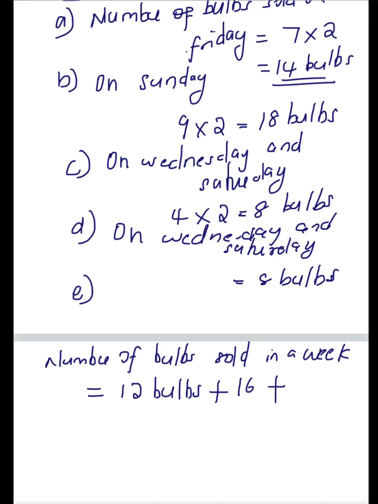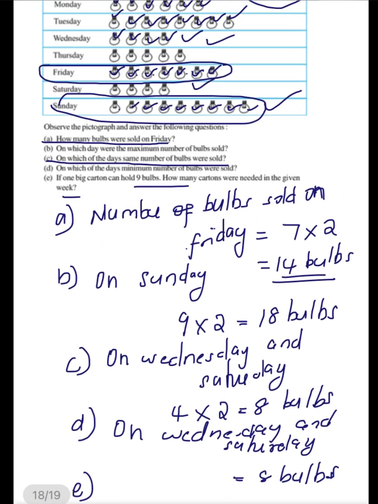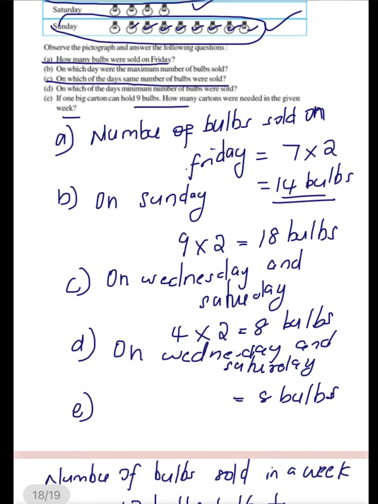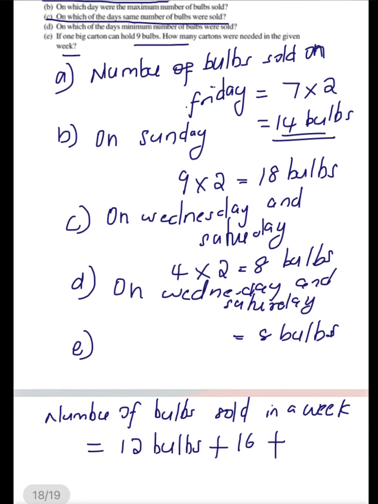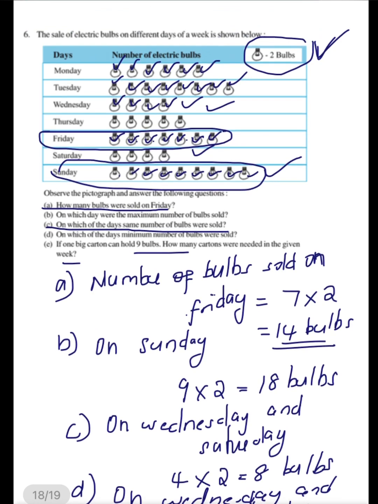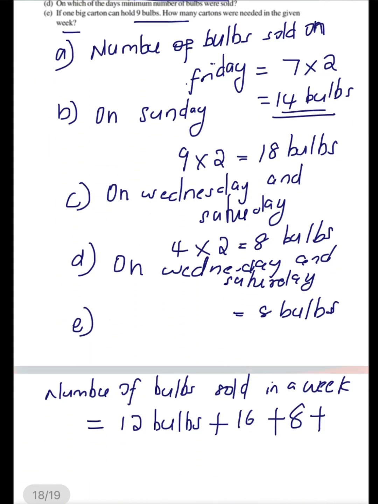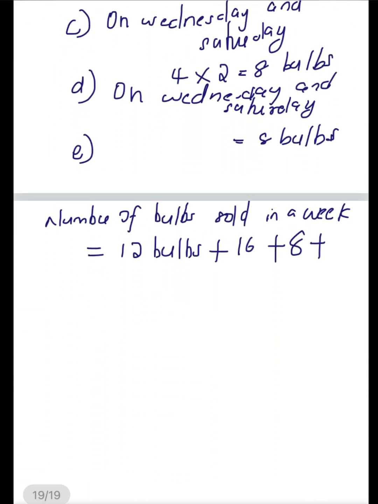So 16 bulbs were sold on Tuesday, and Wednesday we have already calculated: 8 bulbs were sold on Wednesday. Now what about Thursday? 1, 2, 3, 4, 5. 5 into 2 equal to 10 bulbs were sold on Thursday.